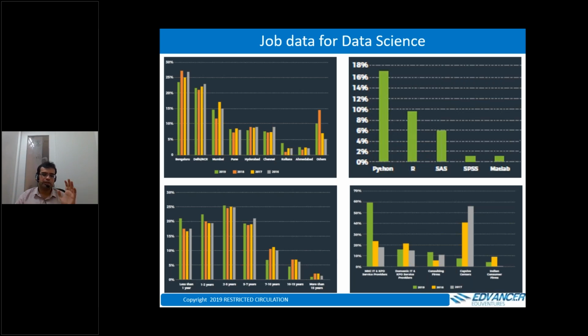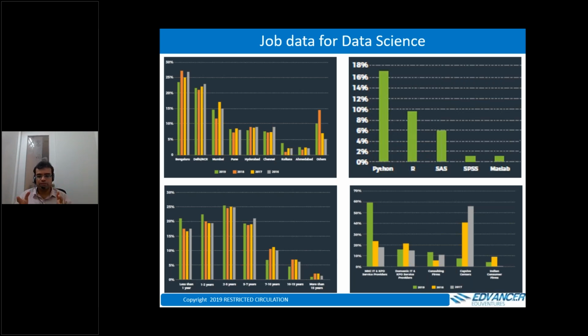And for those having more than 10 years of experience, that's about 6% of the jobs. So it's a very good spread where there are jobs across the board for any kind of experience level. And this is relevant experience, not just in data science or machine learning.